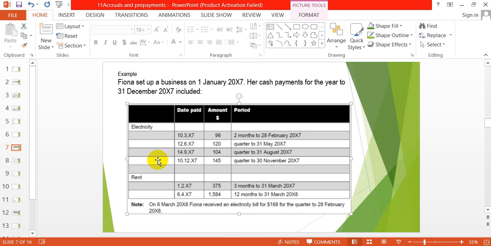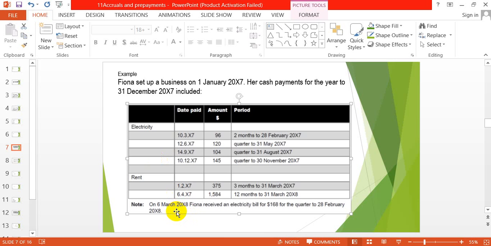So there was no other payment in 20x7, but we have December of x7 which has not been catered for. If we check in the notes, the payment in March of x8 covers a quarter to February x8.